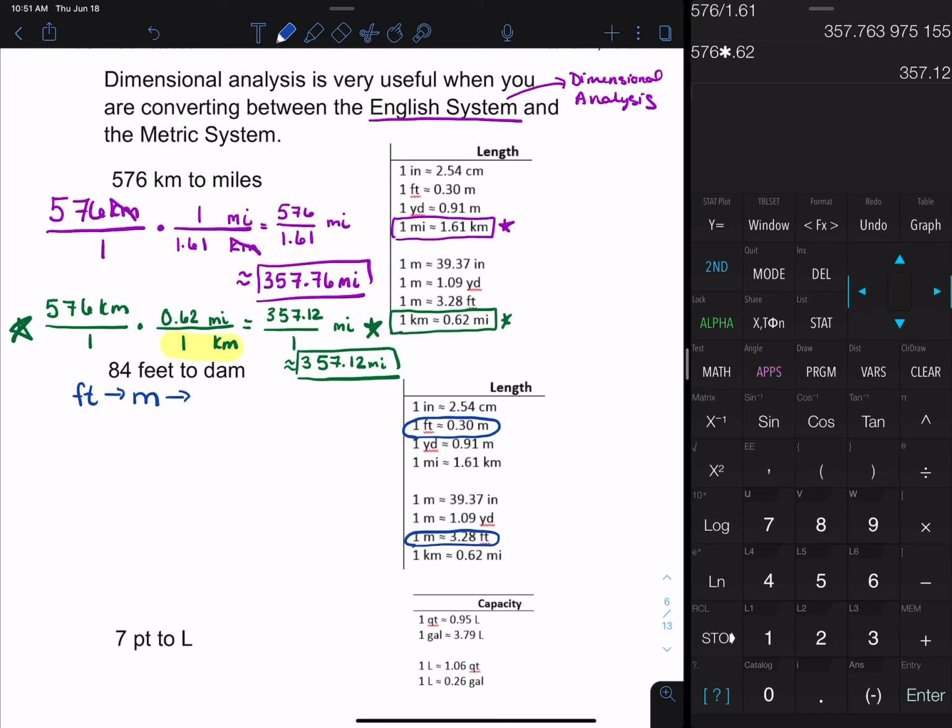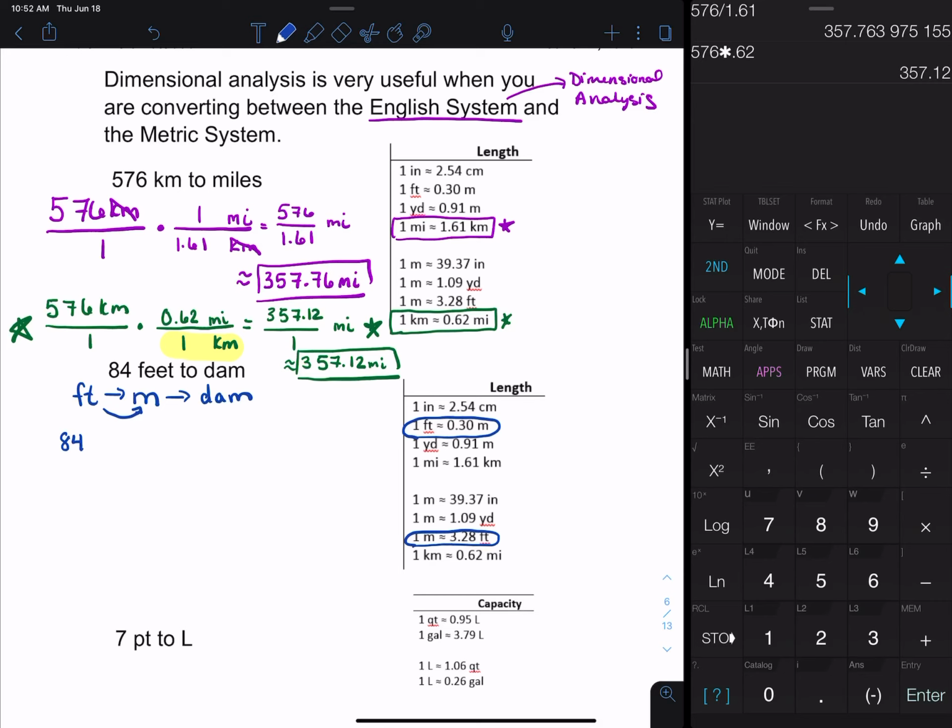Then I can use my skills that we learned earlier, going within the metric system, to go from meters to decameters. So I'll start out with going from feet to meters because that's the English system to the metric system. I'm going to use my dimensional analysis.